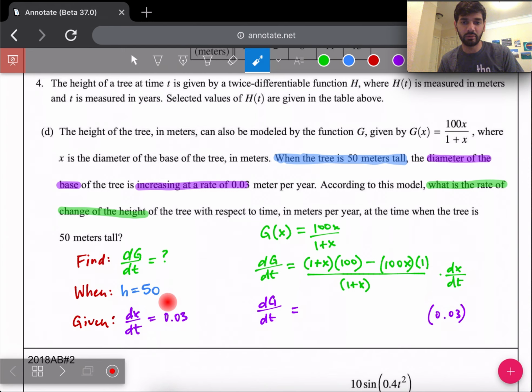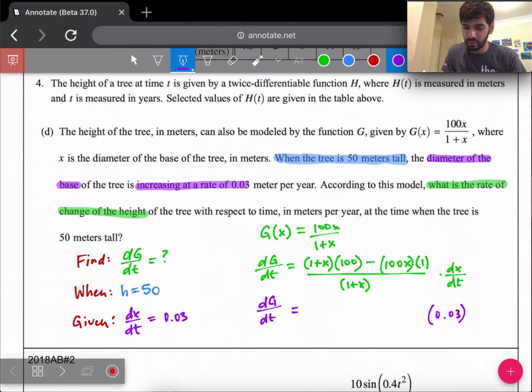So I can't just put in a 50 wherever I see x, because 50 is representing the height when x is going to be the diameter of the trunk. So I need to use this 50 to try to figure out what is the value of x when h is 50. So h is 50, which means that the height and g are the same thing. The height is modeled by this function g.